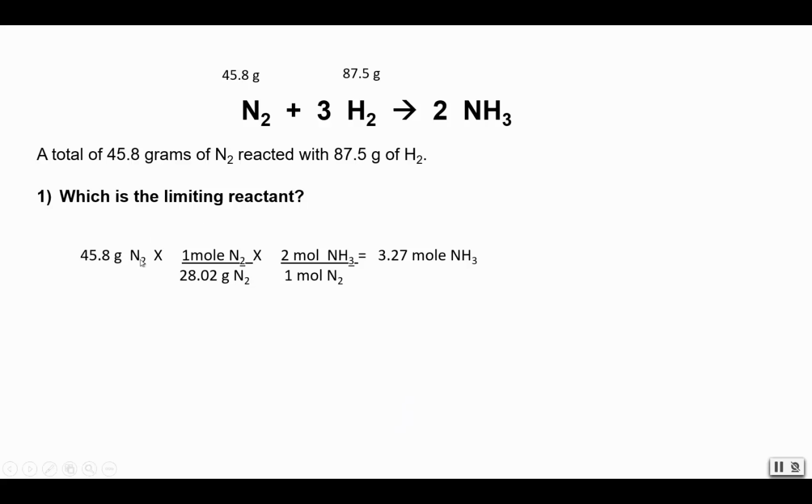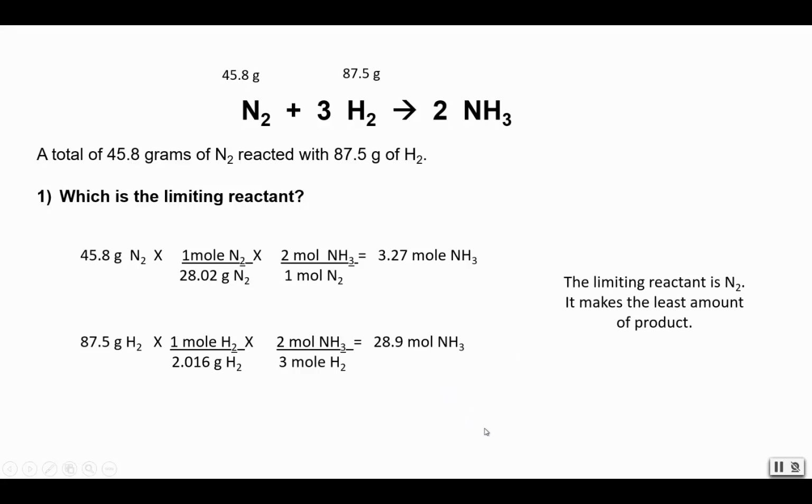So 45.8 grams of nitrogen gas, using the stoichiometry setups, can make a maximum of 3.27 moles of ammonia. And 87.5 grams of hydrogen gas makes a maximum of 28.9 moles of ammonia. The limiting reactant then is going to be nitrogen gas because it makes the least amount of product.